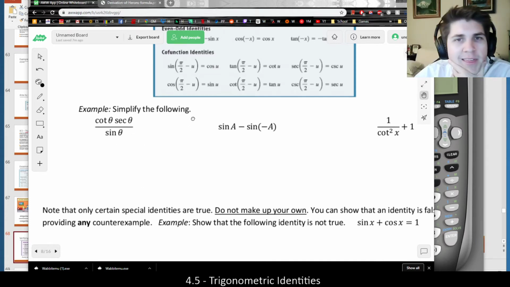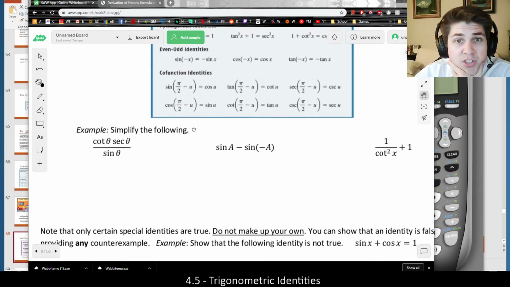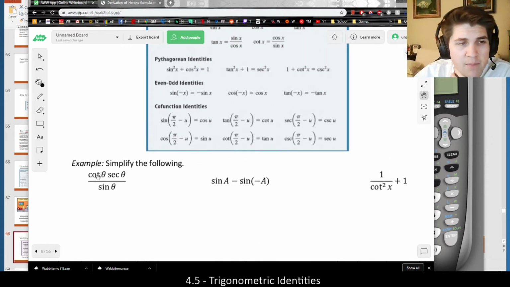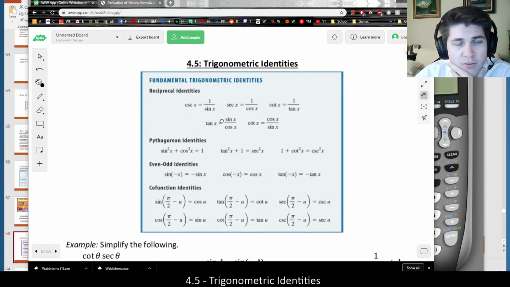One common strategy, if I'm dealing with a whole bunch of different trig functions, is to turn them all into sines and cosines, because each trigonometric function, as the reciprocal identities suggest, can be changed into terms of sine and cosine.